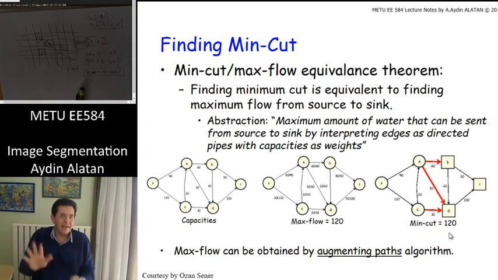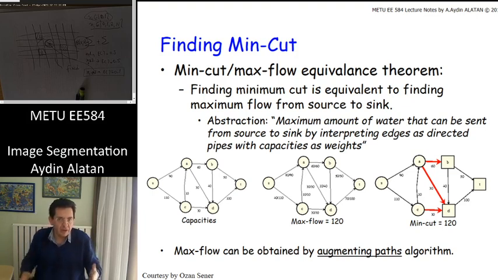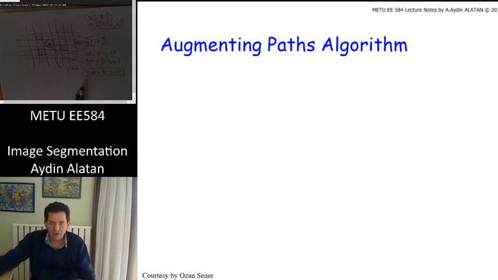And that is saying that from left to right, the maximum amount that you can push is 120. You cannot push something larger than this one. This is beyond our capacity. And this, the bottleneck, minimum cut, is the optimal solution to our minimization.